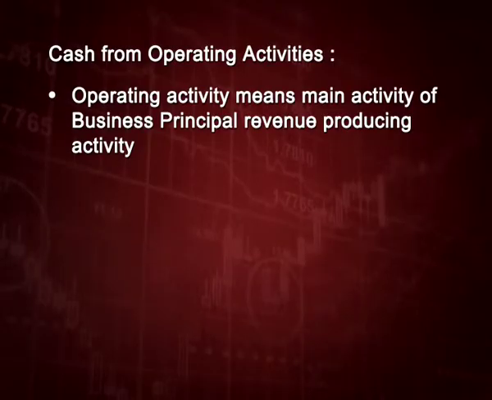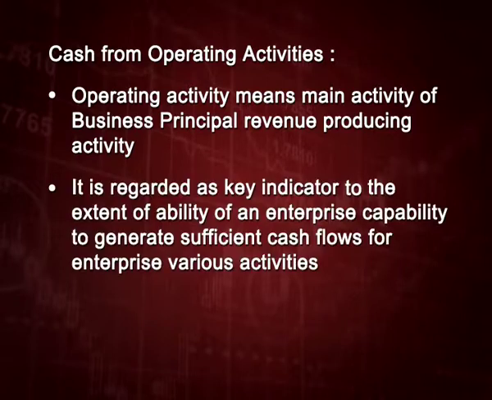The next activity is cash from operating activity. Now, what is an operating activity? It means the main activity of the business or principal revenue producing activity. Now, it is regarded as a key indicator to the extent of ability of an enterprise capability to generate sufficient cash flow for the enterprise various activities.